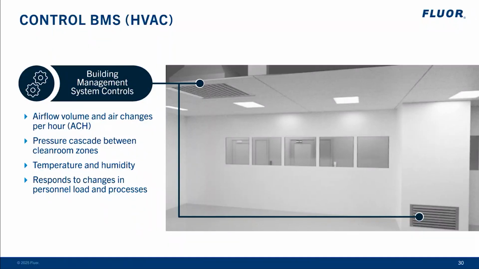The HVAC BMS plays a central role in maintaining cleanroom conditions. It controls airflow volume and air changes per hour, ensuring that the cleanroom meets its classification requirements. It also manages pressure cascades between zones to prevent cross-contamination. Temperature and humidity are regulated to maintain comfort and process stability.